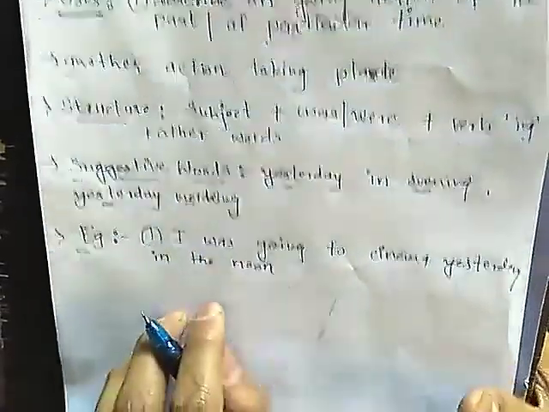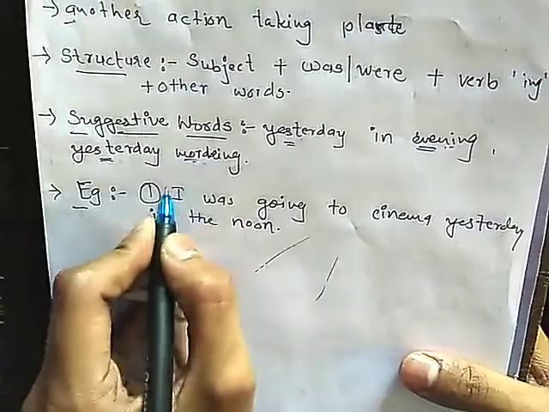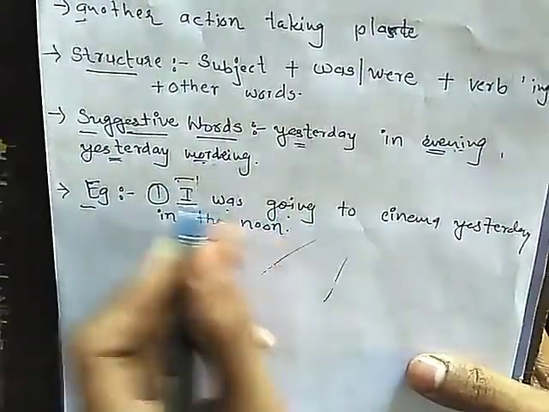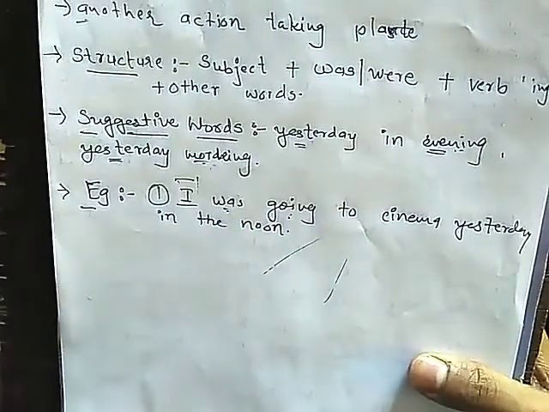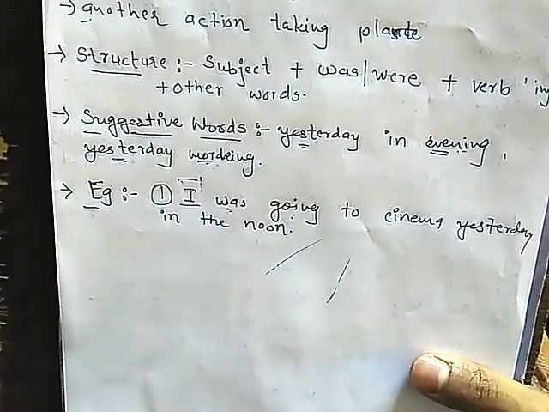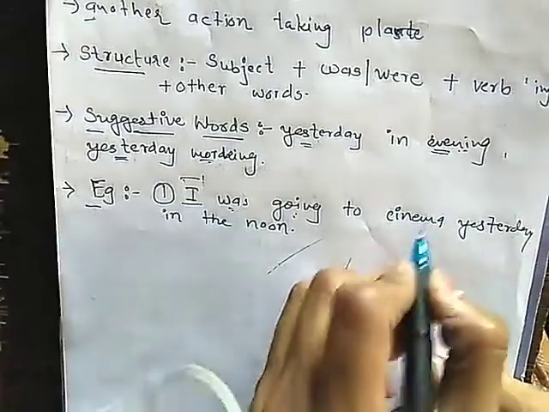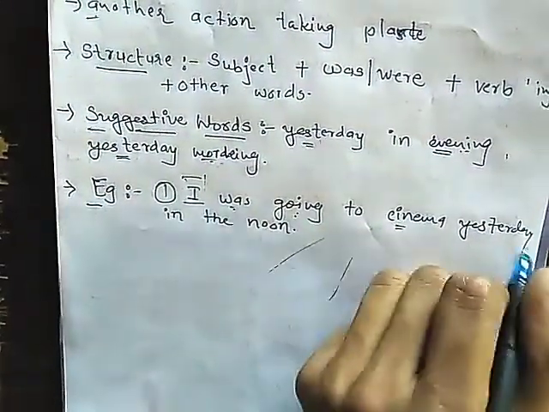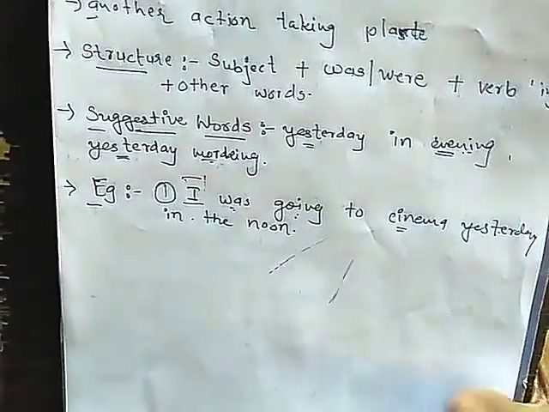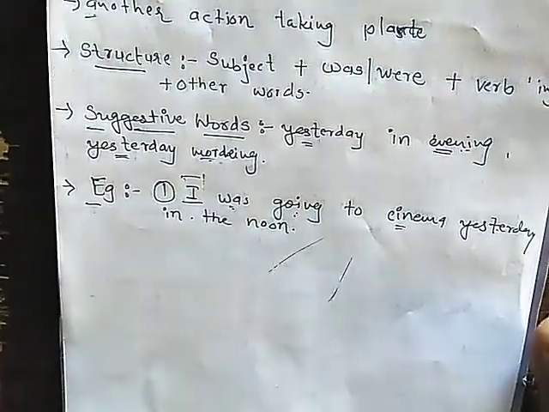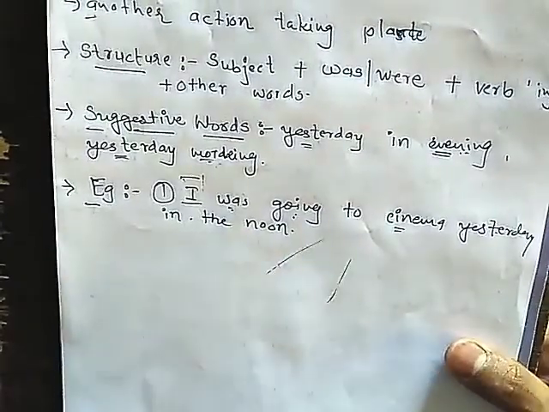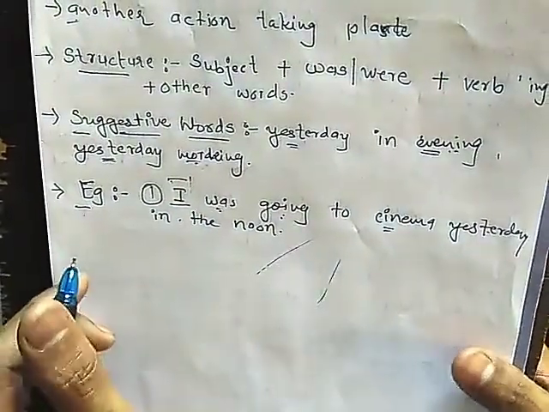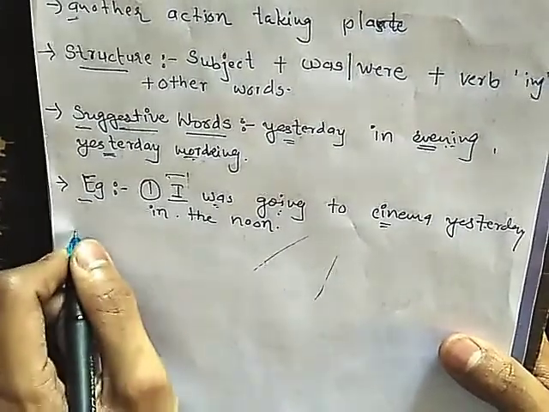Okay, let us try to understand this. I is your subject, then was/were plus ing, was going. Verb with ing you can find here. Then cinema you can consider as other words, and yesterday in the noon shows the time of the particular action. So this is how you can write any sentence for past continuous tense.